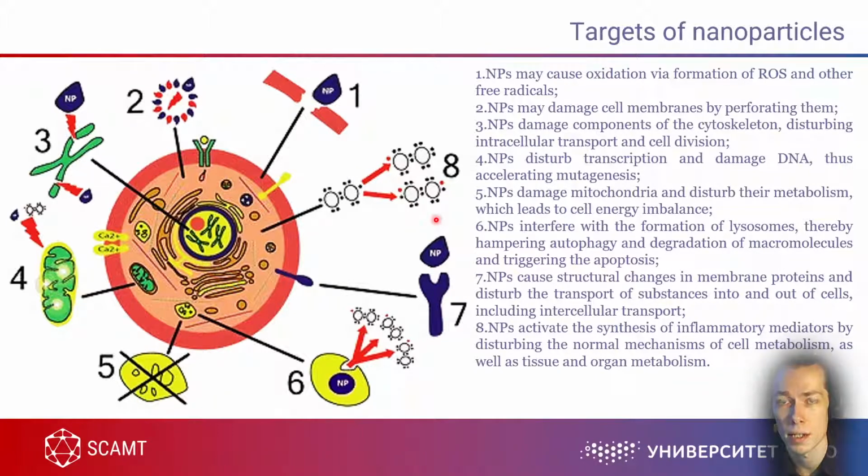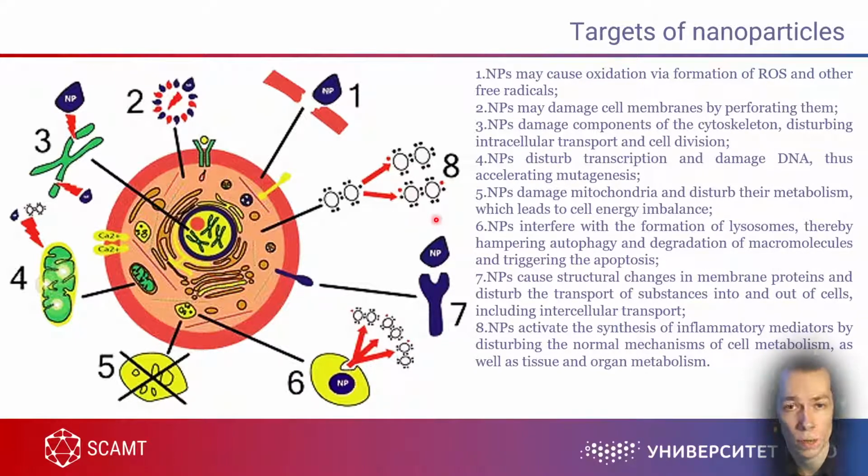We need to understand this because if, for example, you synthesized some nanoparticles and you add them to your cells, now you need to stain your cells to understand what bad happened to your cells. But before this, you need to predict, to suggest what are the possible targets of your nanoparticles inside cells.